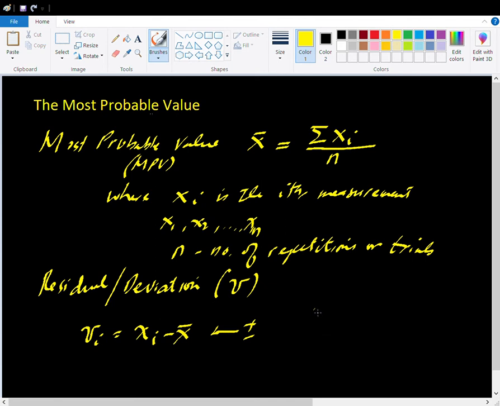If you consider this vertical line representing the most probable value x bar, your xi is either to the right of the most probable value or to the left of the x bar. So if this is x1, it could be located to the left, or your x2 would be located to the right of the most probable value.